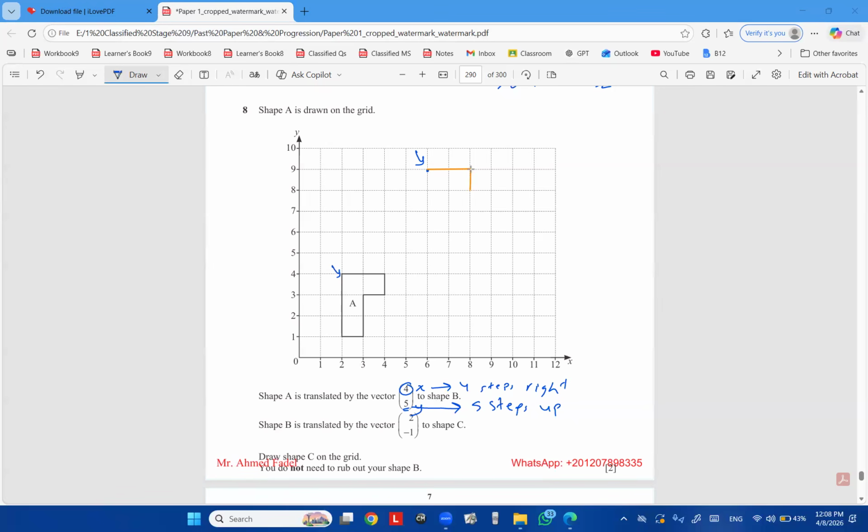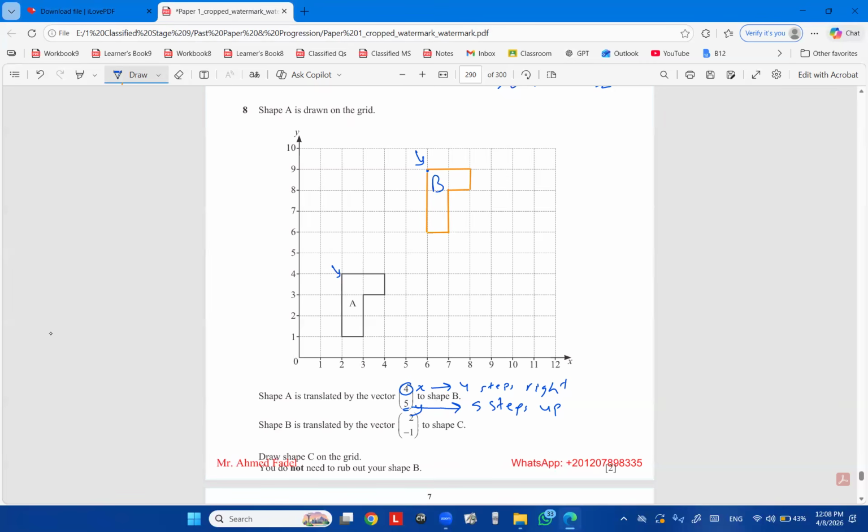After that, you draw a line. Then here, I got 2 down. I got this one here. And here is the last side. And I'm going to label it. Label it B. They said to you this is shape B.